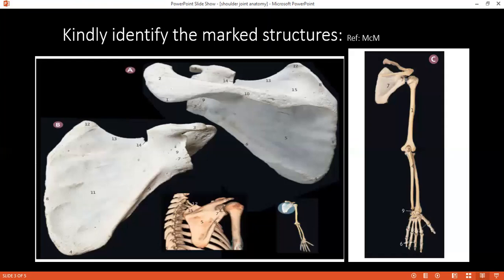Yes. Okay, good. And the quadrangular space which is present in the posterior. Very good. Can you please tell me the boundaries of the quadrangular space?